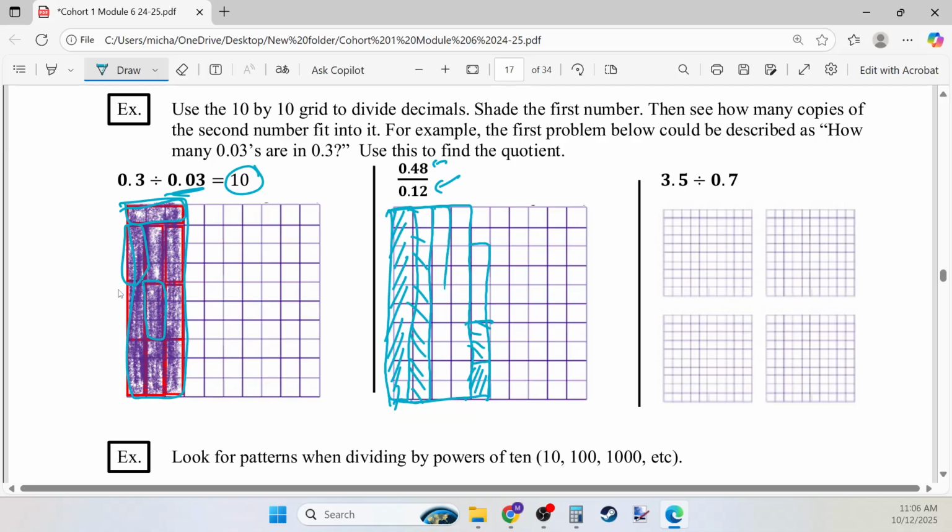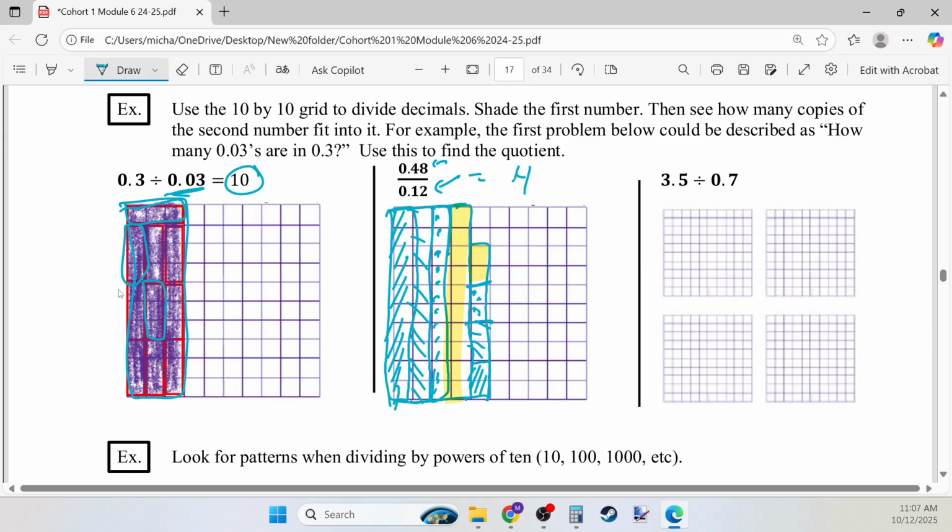And here is another 0.1. Stripes and patterns. 2 dots that go with it. And then we have the last group. So this gives us, there were 4 of them.